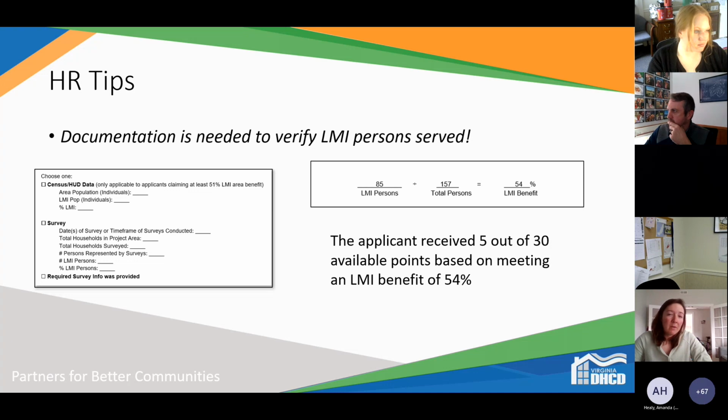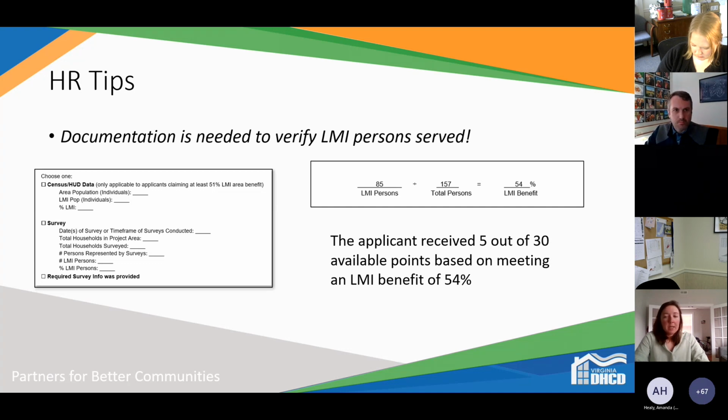So I know that's confusing, but every year, some of the numbers don't match or they are missing. For housing rehab projects, we have to have the signed participation agreements as well as the LMI documentation. So whether that's surveys or LMA data, LMA data, you can use the census data.